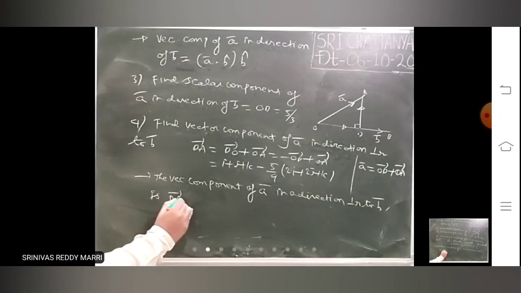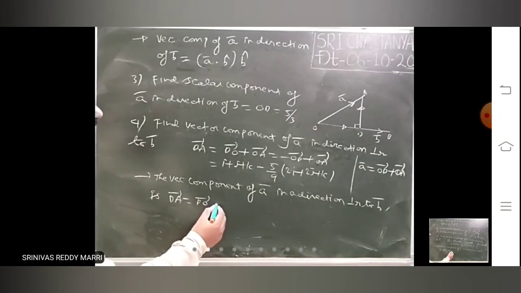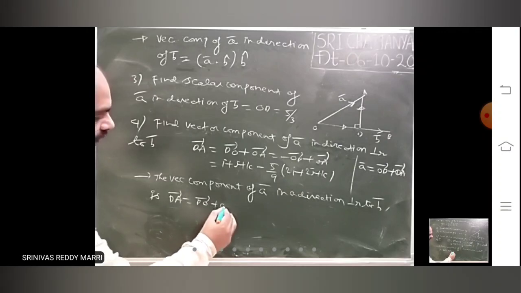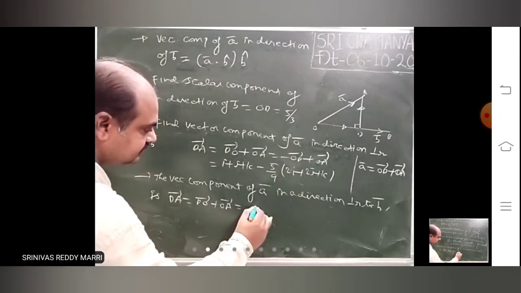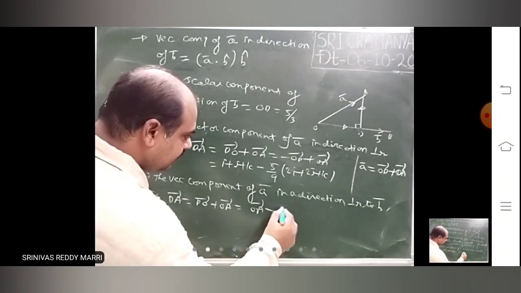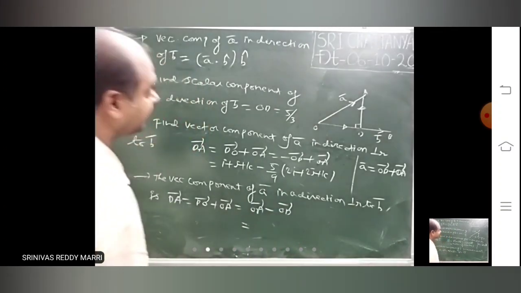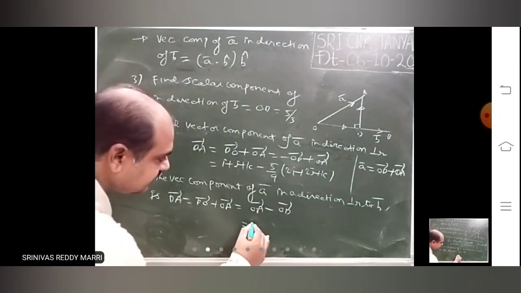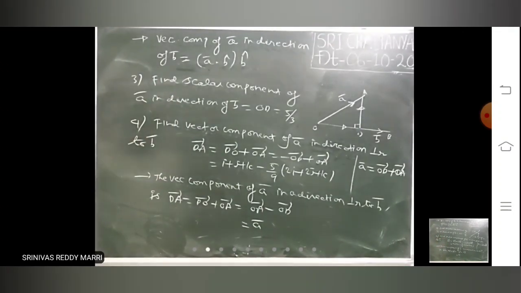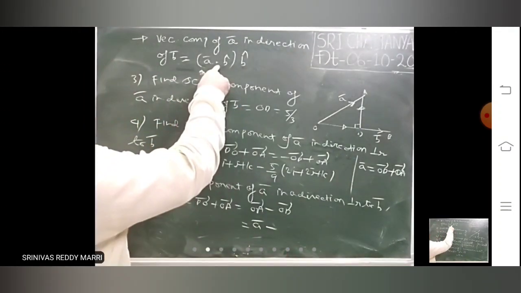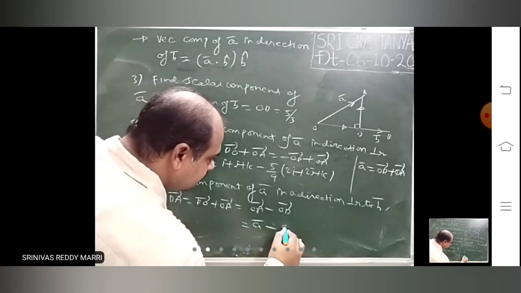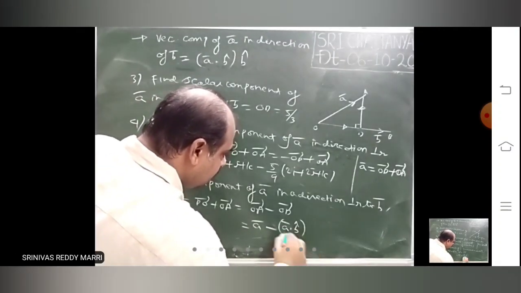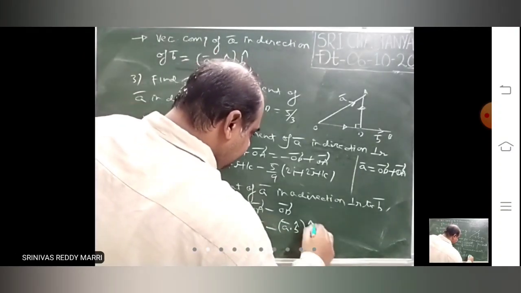Now dA bar is nothing but DO bar plus OA bar. That means this is nothing but OA bar minus OD bar. What is OA bar? This is A bar minus OD bar, calculated here, A bar dot B cap into B cap.